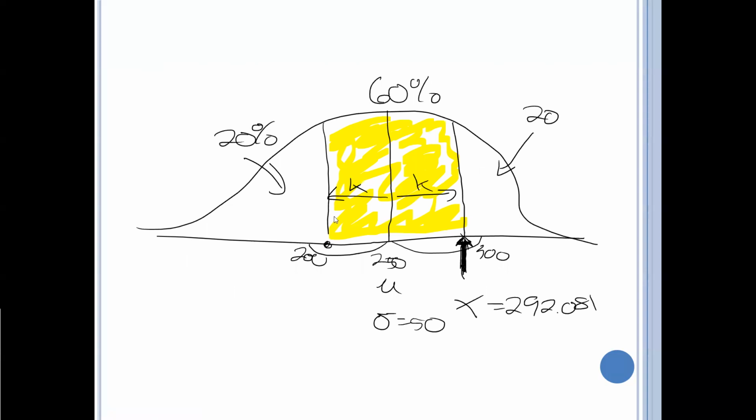So for instance, there's a question in the homework that asks us to do that, where they want you to find a K that captures 60% of our data around 250. And it's all based on using the Z-score formula. If you do the quantile function, you can figure out what the cutoff is that gives you the 60%. And then once you have that, you're simply solving backwards for the missing piece.